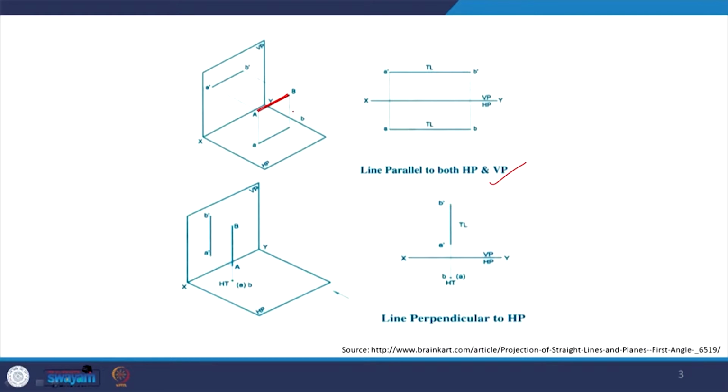And if you look at the projections, these projections will match, which is the fundamental of orthographic projection always, and we will see the true length in both VP as well as HP. This is what we will be seeing if the line is parallel to both HP and VP. Suppose the line is perpendicular to one of the planes. The moment the line is perpendicular to one of the planes, we will be seeing a point.